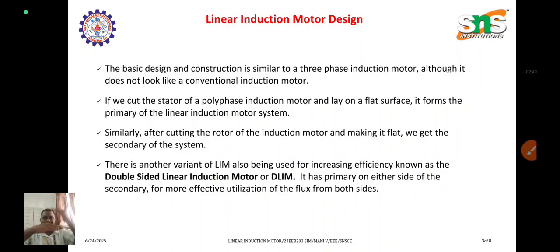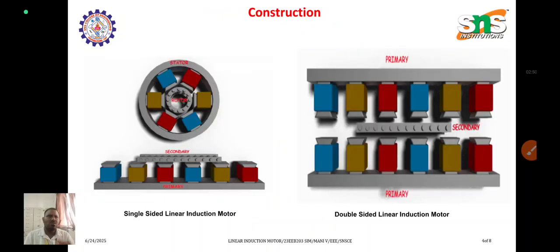So there are two primaries. This is called double-sided with respect to the secondary. This is the construction. So there are two types: one is the single-sided linear induction motor and the other is the double-sided linear induction motor.